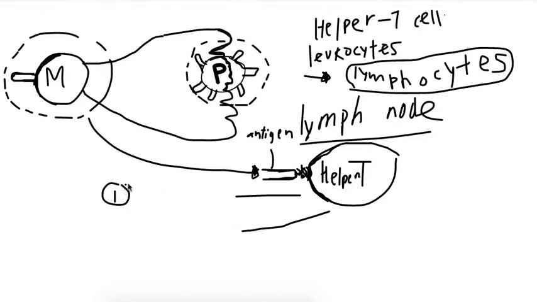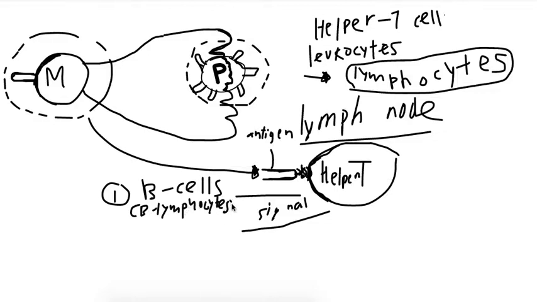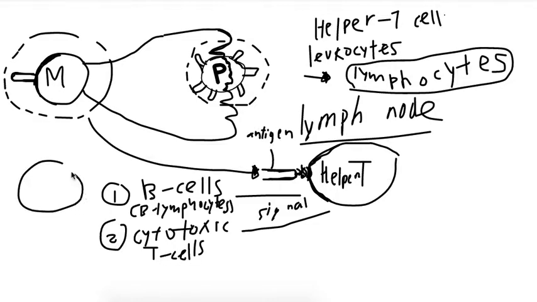Firstly, it'll send a signal to B cells or B lymphocytes, and secondly, it'll also send a signal to cytotoxic T cells. So let's represent this as a B for the B lymphocytes and a C for the cytotoxic T cells.